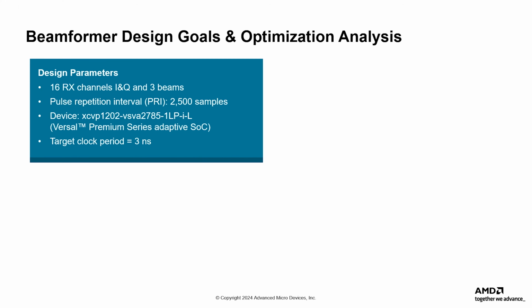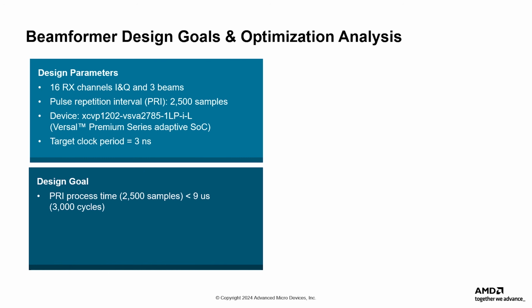We want to implement a beamformer compute engine with 16 receiver channels, real and imaginary components, 3 beams, and 2,500 samples per pulse repetition interval. The design goal is to process a PRI of 2,500 samples within 9 microseconds.